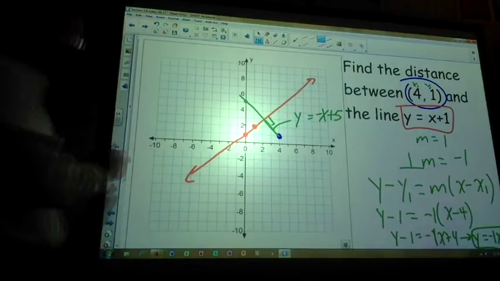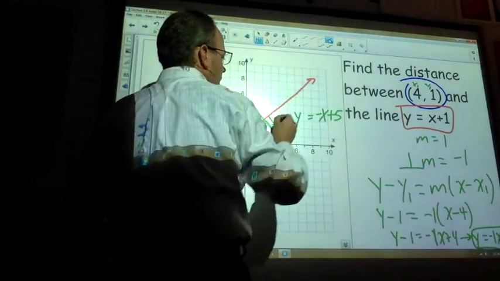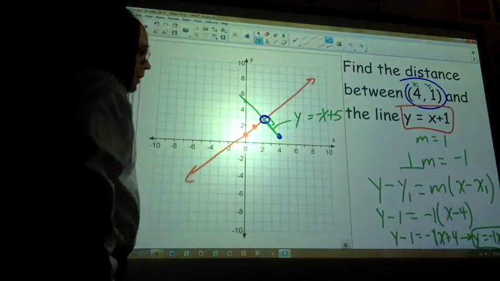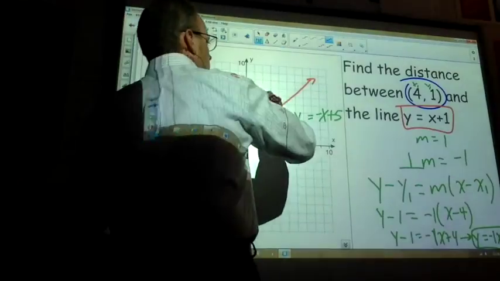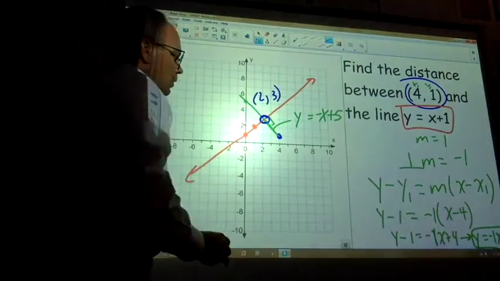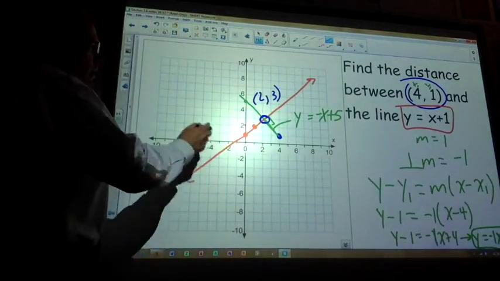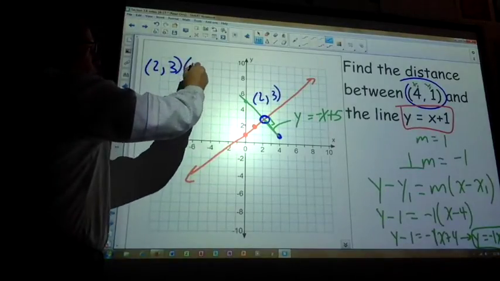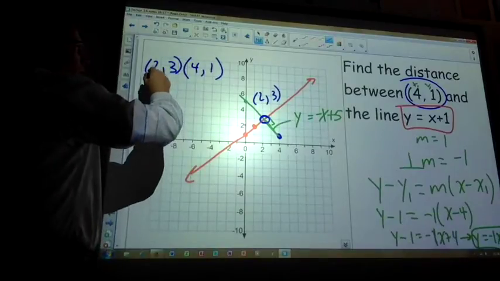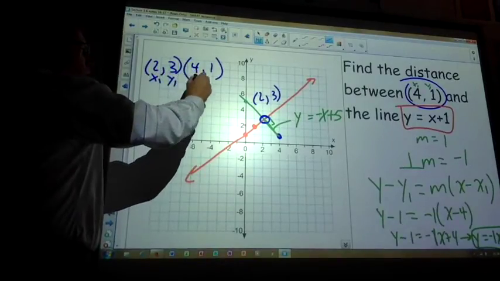What point does this right here appear to be? Two comma 3. So 2 comma 3. All right. Well, maybe we should have done this way: 2 comma 3 and 4 comma 1. So x1 y1, x2 y2.